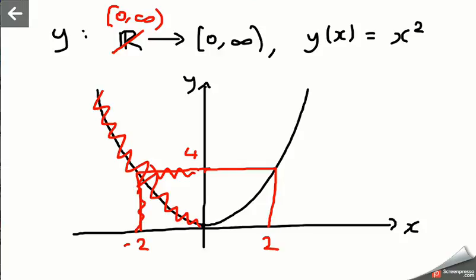Y actually takes the interval from 0 to infinity, all real numbers greater than or equal to 0, and sends it to all real numbers greater than or equal to 0, and it just squares them. Let me draw a new diagram, because that one's getting a bit messy.